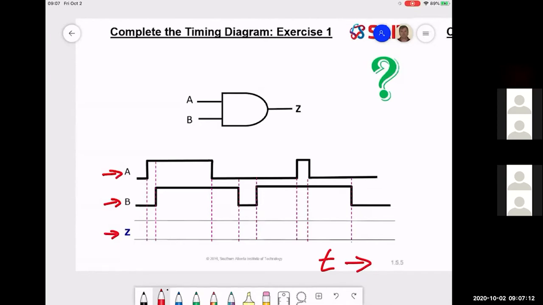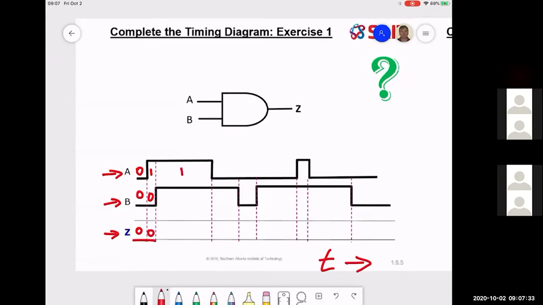So I've got a 0, 0. I know 0 and 0 gives me a 0 up to this transition line. We have a 1 and a 0. Boolean logic, 1 and 0 gives me a 0 through to the next transition line.